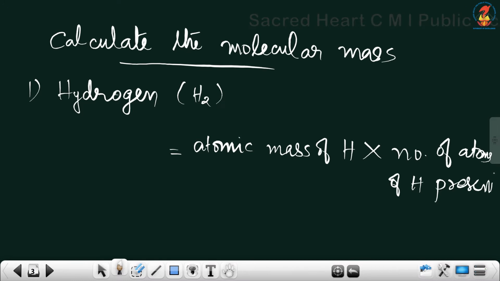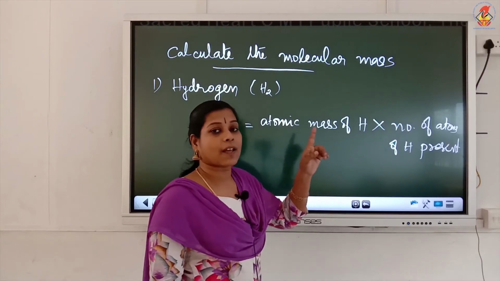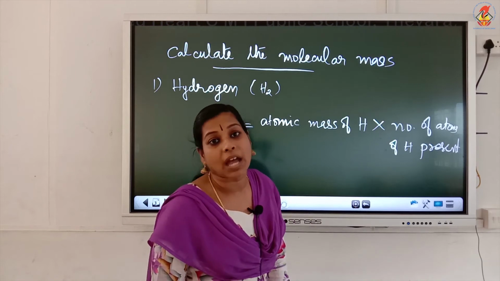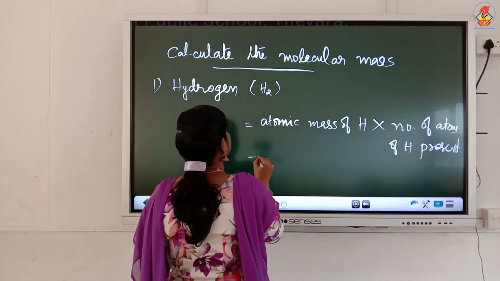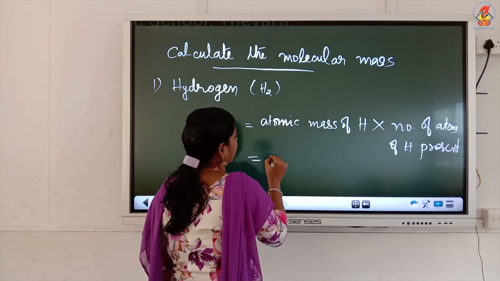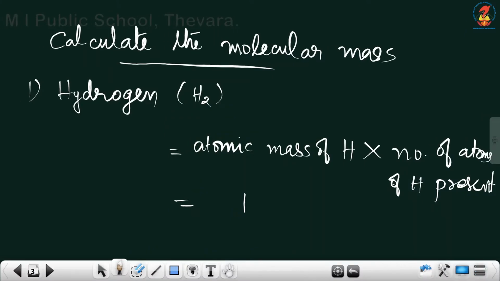The number of atoms multiplied by the atomic mass of one atom will give you the molecular mass of that particular element. In this case, the atomic mass of hydrogen is 1, and the number of atoms in one molecule is 2. So 2 into 1 is equal to 2 U, the molecular mass of hydrogen.